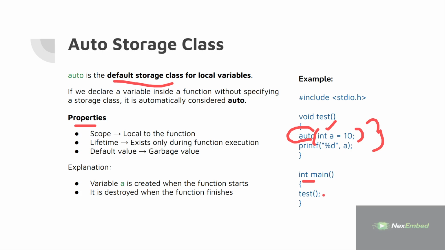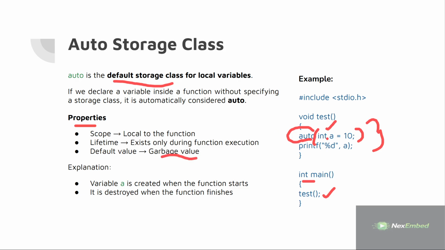Inside main I am calling a function called test. It jumps to this function and executes the set of instructions. So the scope of this variable is within the function, and how long it stays in memory is till the function execution only. That's the lifetime. And the default value is a garbage value.